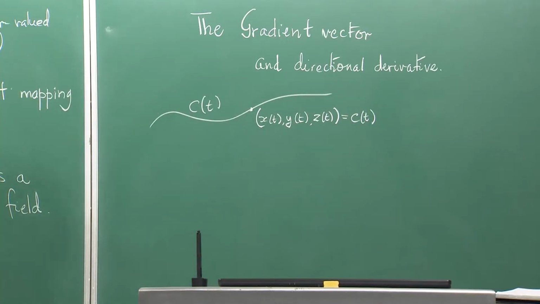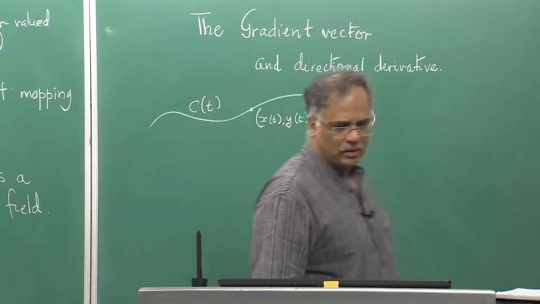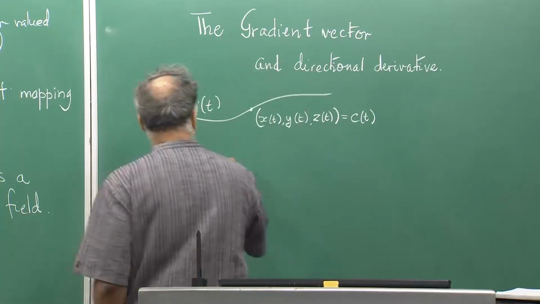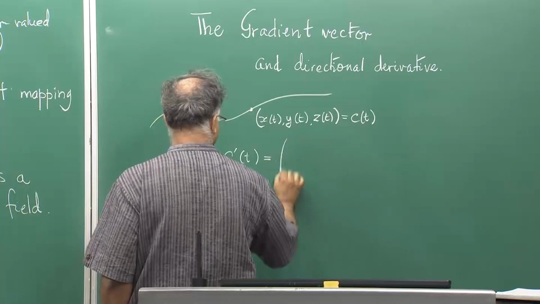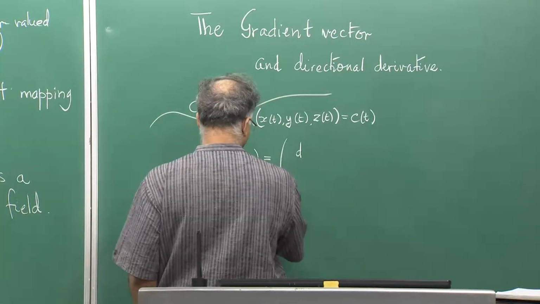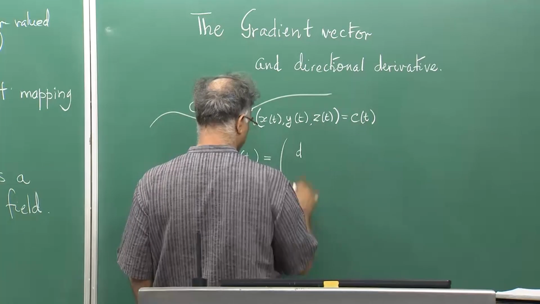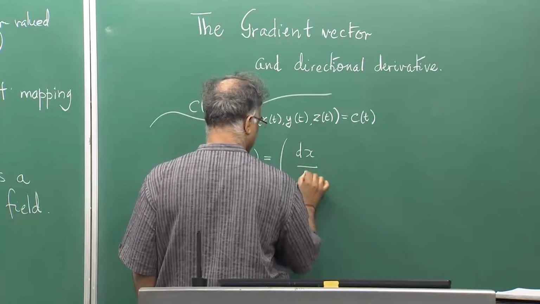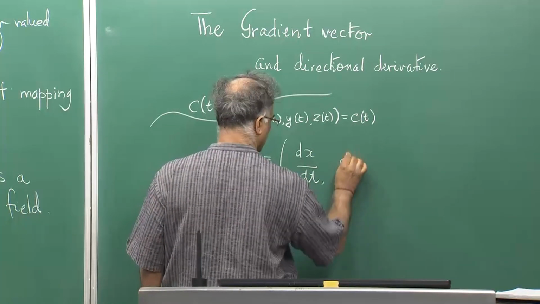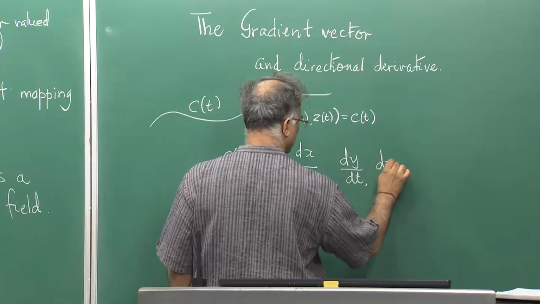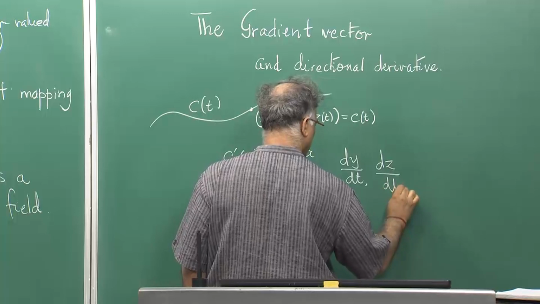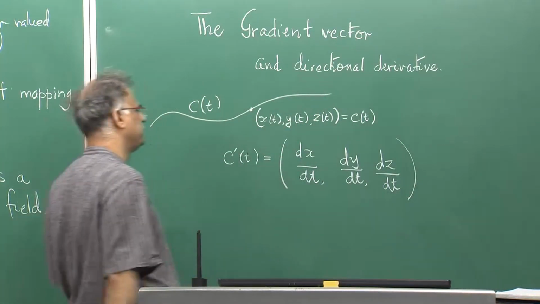That is how the curve is defined. Now, you know that c'(t) is nothing but the derivative of c, which is dx/dt, dy/dt and dz/dt, that is it.